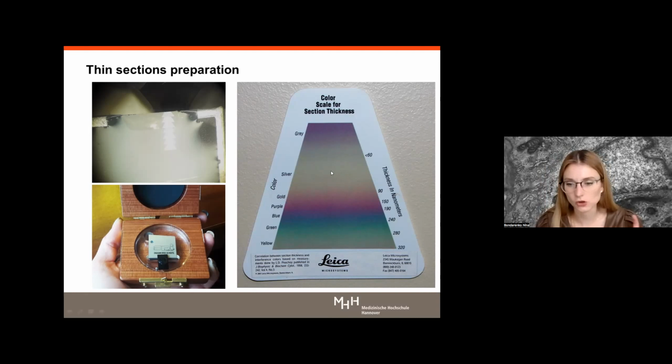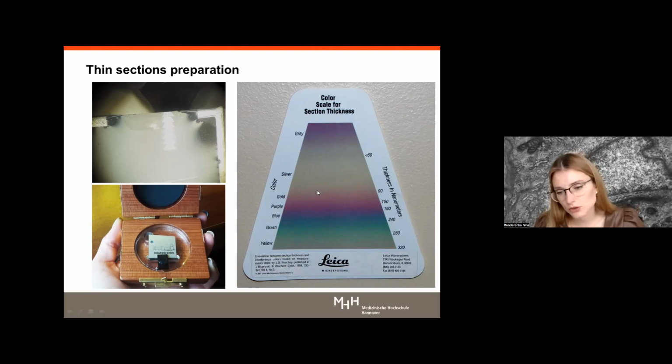So the gold standard for analysis is the silver section, and on this slide and on this photo you can find the ribbon of the section with silver color of the surface. This means that this is approximately 70-80 nanometers of thickness.